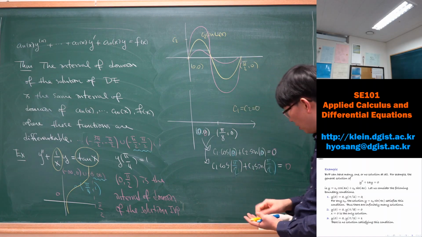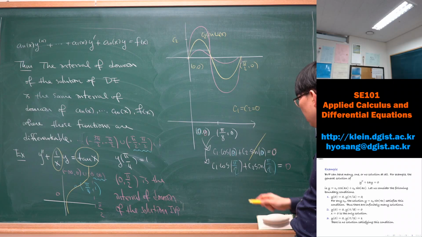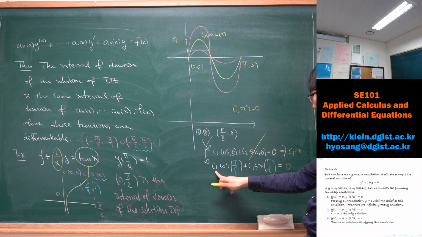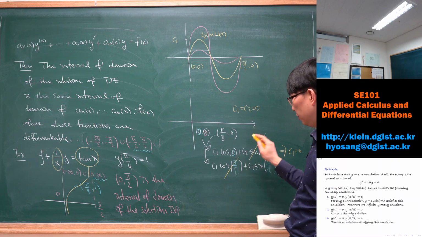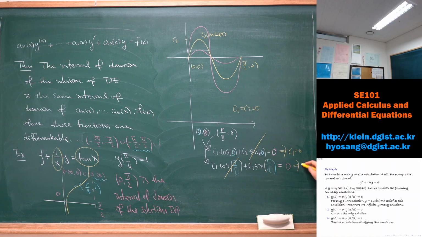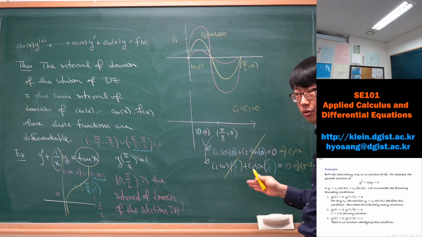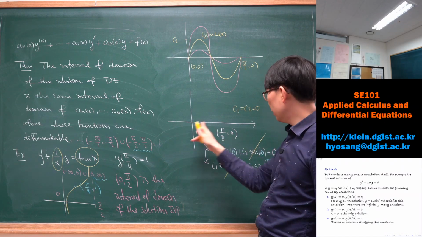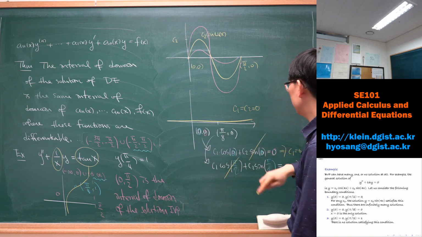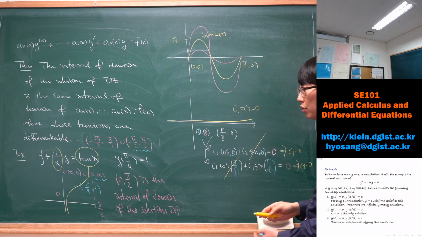Okay. So now sine 0 is 0, which means that this equation says C1 is 0. And how about cosine pi over 2? This is 0. And sine pi over 2 is 1. So this second equation says C2 is 0. And C1, C2 are 0. And this is a solution. It's not a solution in terms of x, but it's still the constant solution. So we have one solution, a unique solution.